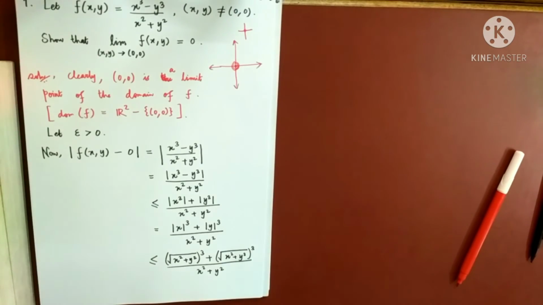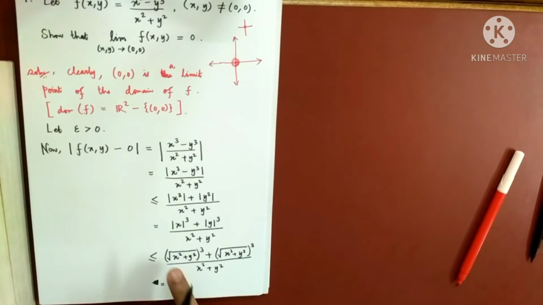Am I clear up to here? Now see here, this is the same thing twice. So this will be equals to 2 times root over of (x² plus y²) whole to the power 3, by x² plus y². That means (x² plus y²) whole to the power 3 by 2.